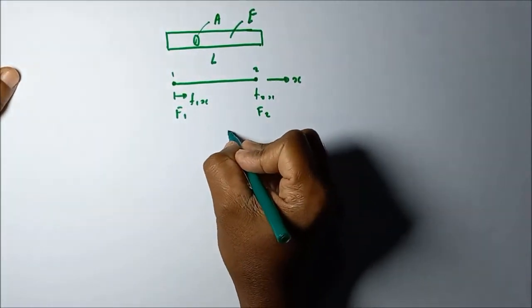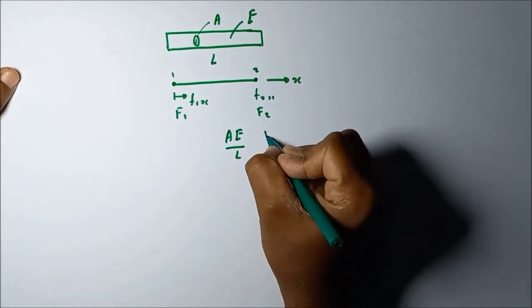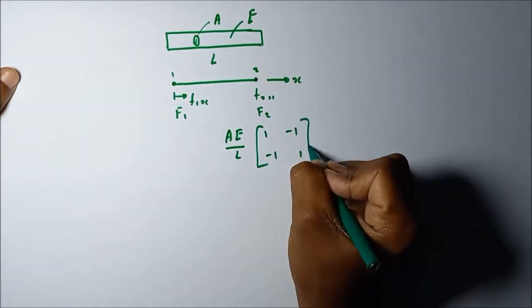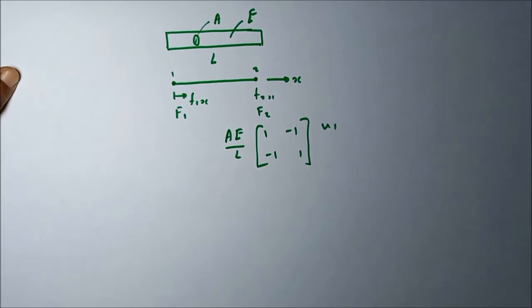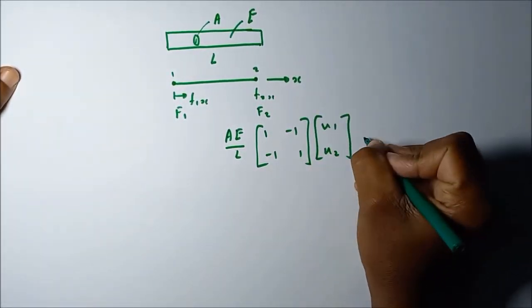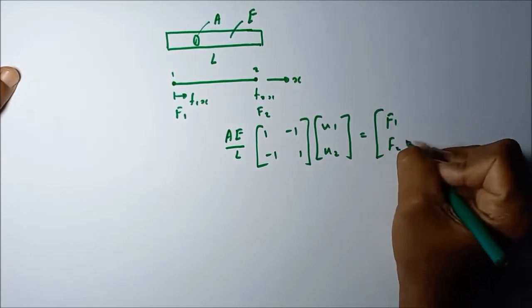What is the equation we obtain? E divided by L, matrix 1 minus 1, minus 1 1, times u1 u2, is equal to f1 f2.